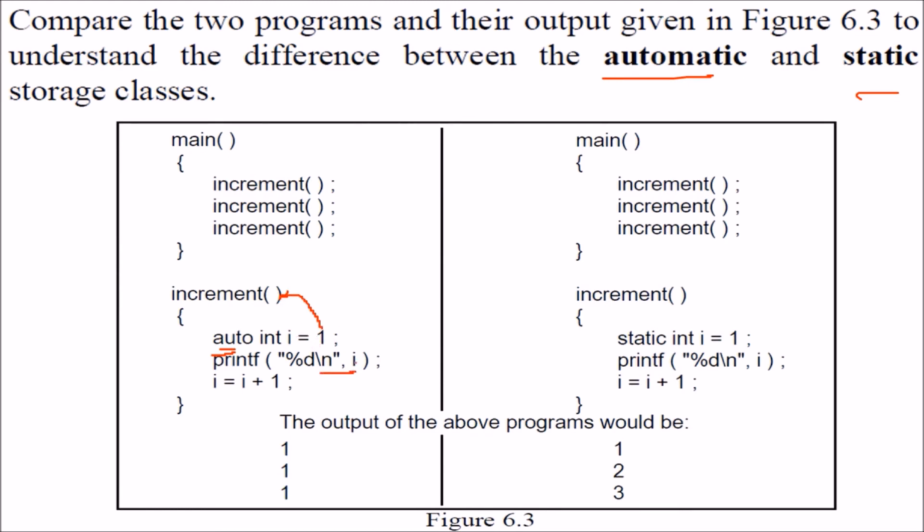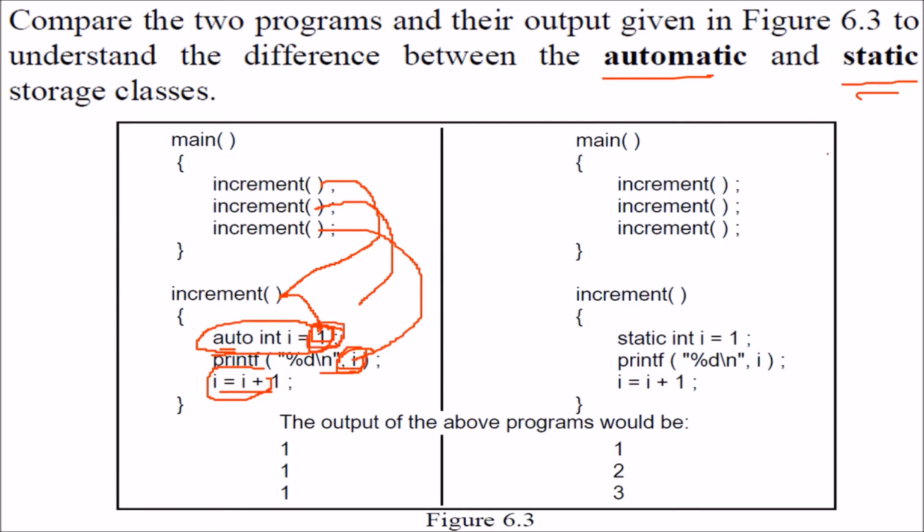When you print i, on this function call, 1 will be printed. Now i has been incremented, i equal to i plus 1. When the function is called again, it will be initialized again because it is an automatic variable, so you will see 1 again. Similarly, for the third time also, because it is initialized again, it will be 1.